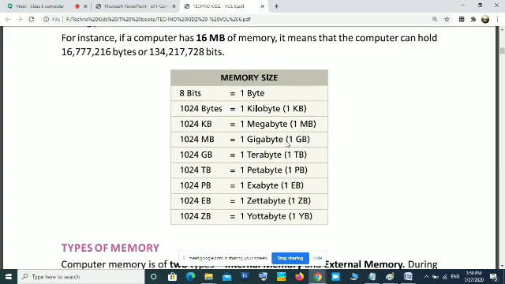The next is gigabyte, or GB, that is 1024 MB. The next higher unit is terabyte, or TB. 1024 GB is 1 TB.